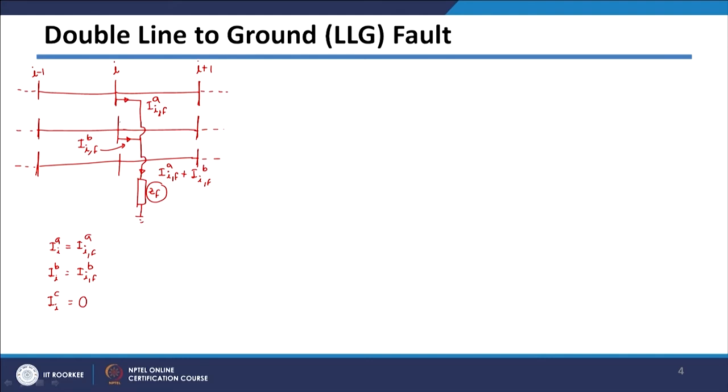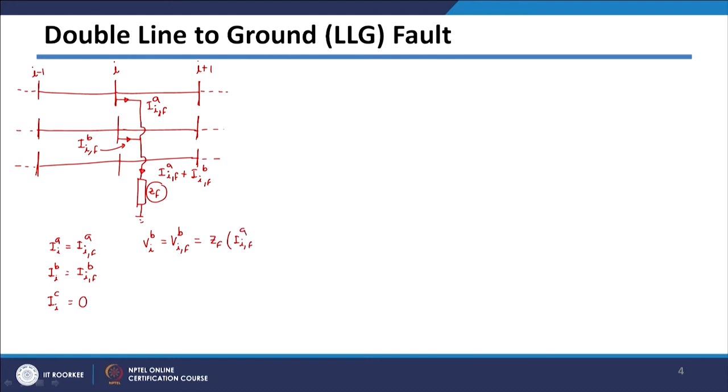Now if you see the voltages of these two buses, the post fault voltage at B phase will be equal to ZF multiplied by the addition of both the currents, because both the currents are flowing.